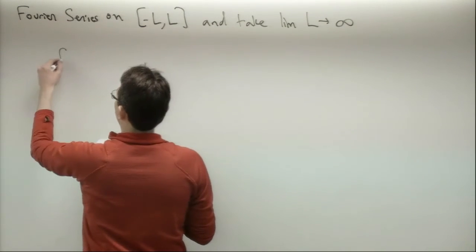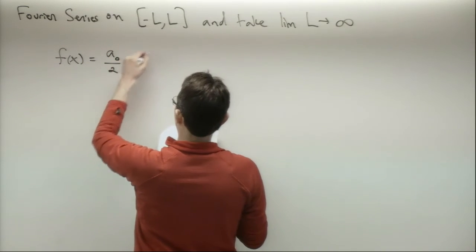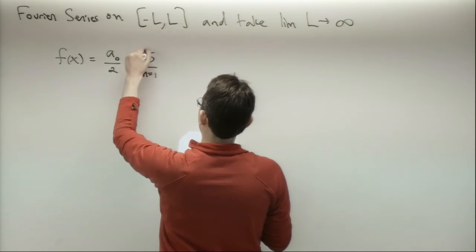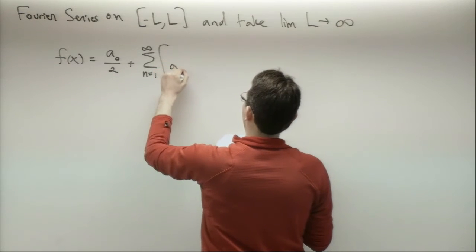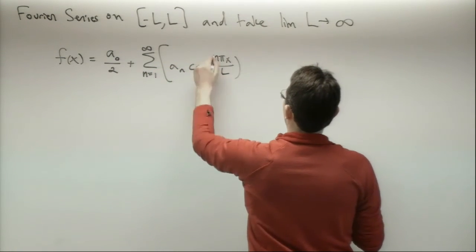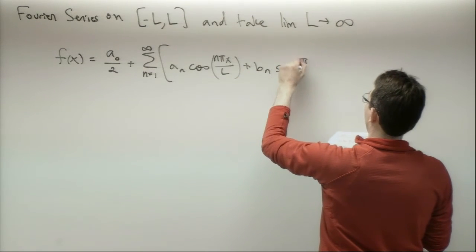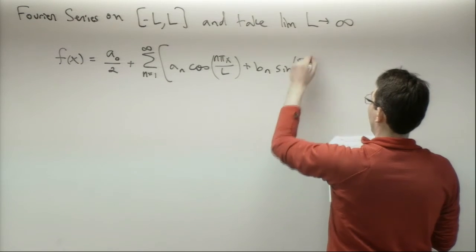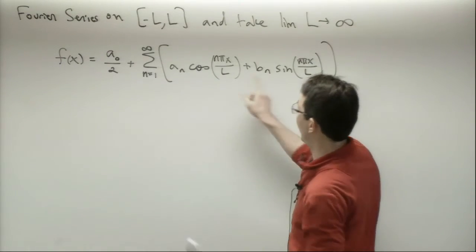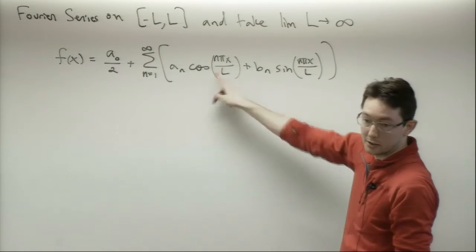Right, so we had our f of x equals a naught over 2. I shouldn't have erased this. Sum n equals 1 to infinity of a n cos n pi x over L plus b n sine n pi x over L. These coefficients a n and b n are just the inner product of my function with these basis functions.